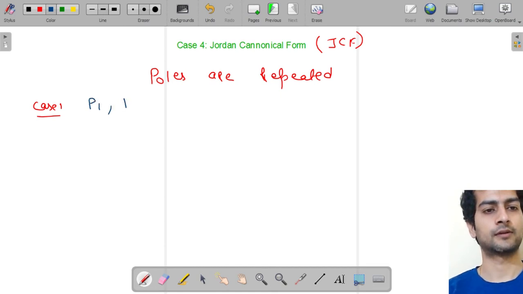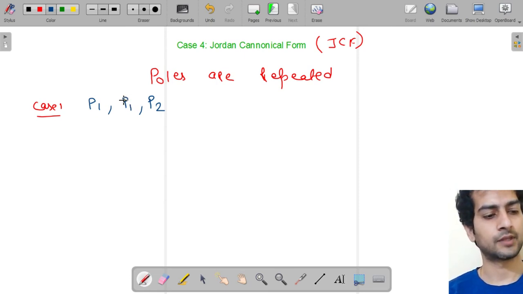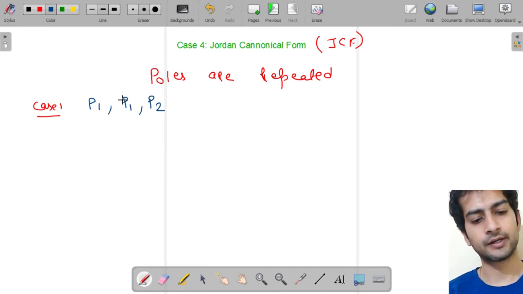P1, P1, P2. Let's say we have these three poles, in which P1 is repeated two times.